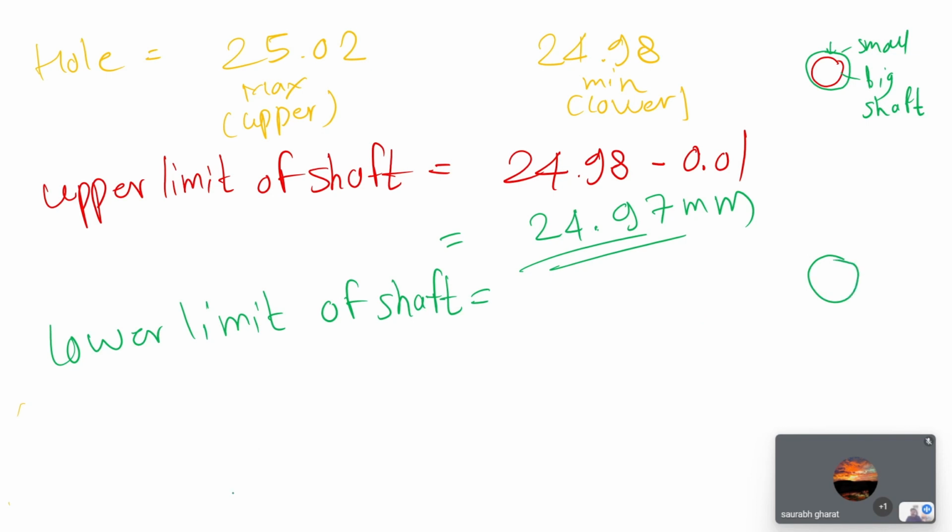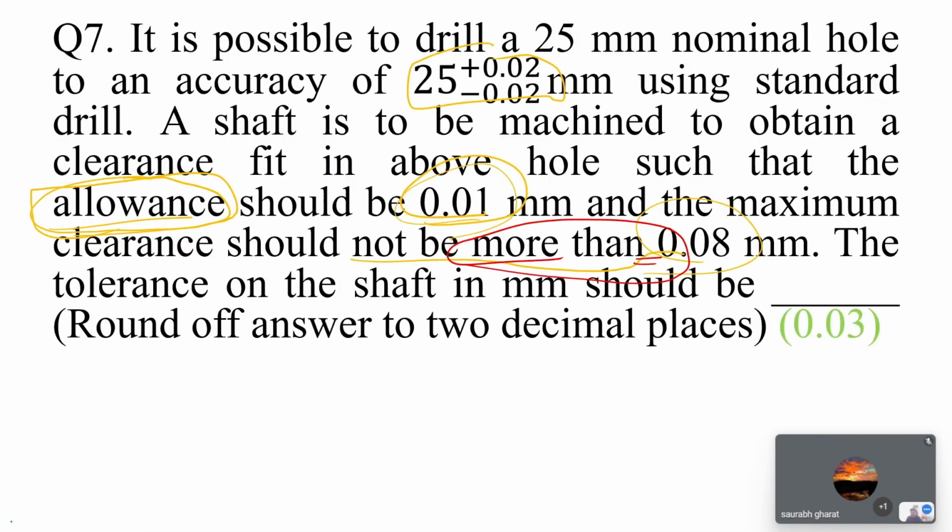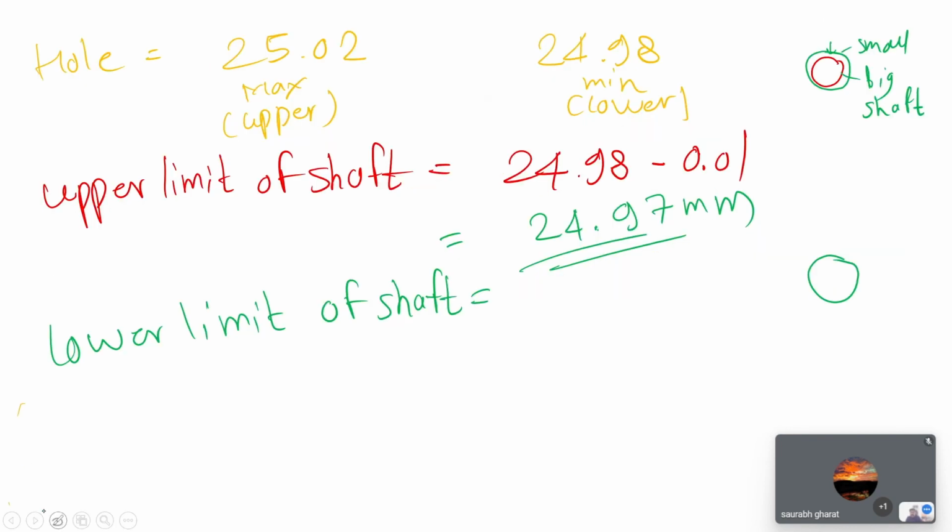So what they're actually asking here is that the maximum clearance should not be more than this part. Consider this is the lower limit of the shaft. This is your small shaft, and the gap between the small shaft and your bigger hole should not be more than 0.08.